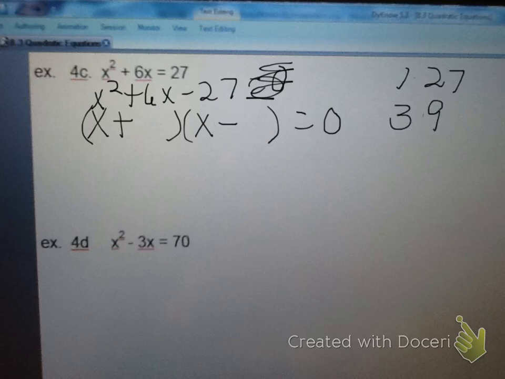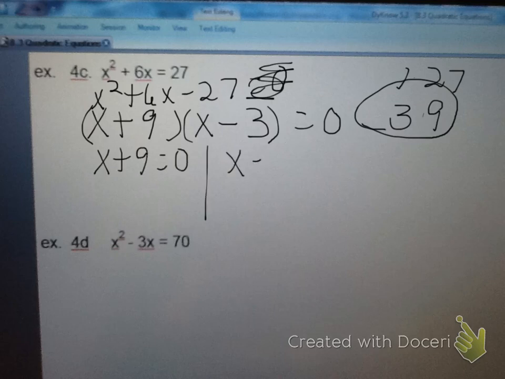Now, which ones factors to subtract to get 6? 9 and 3. Where do I put the 9? Behind the positive. Why behind the positive? Because you want to put it behind whatever the first sign is. So subtract 9, so x is equal to negative 9. Add 3, so x is equal to 3.